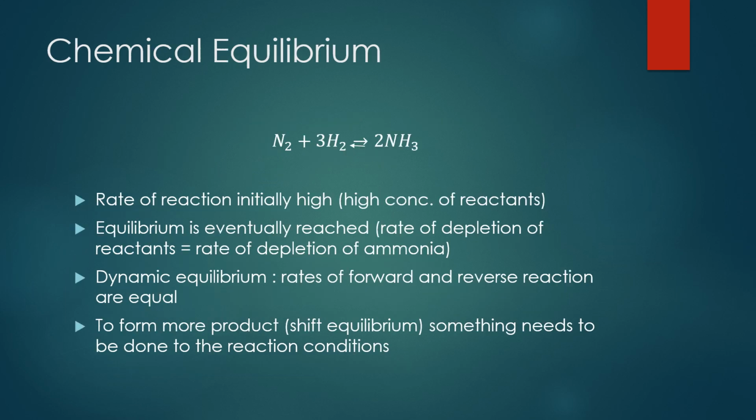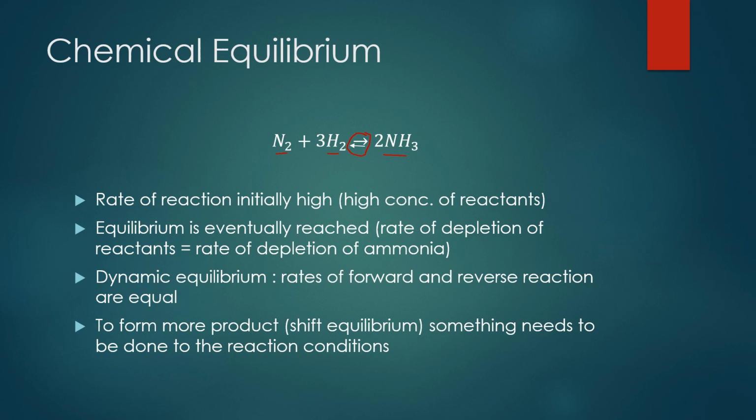Let's look at another example of a reaction at chemical equilibrium. What we have here is nitrogen gas and hydrogen gas combining in a synthesis reaction to form ammonia. This is an equilibrium reaction, as is noted by the two arrows, one going toward the product and the other going towards the reactants. When you initially mix nitrogen and hydrogen gas molecules, they react to form NH3.